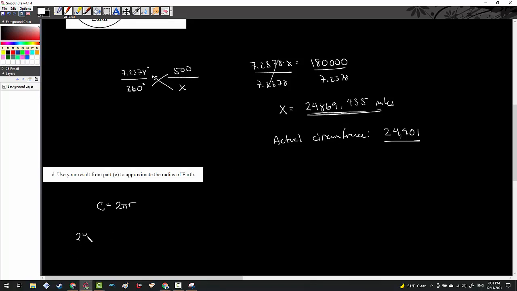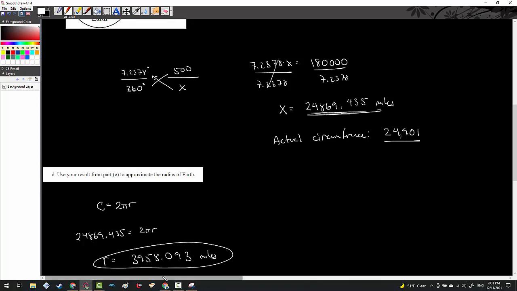So I'm going to do 24869.435 is equal to 2 pi r. So I just have to take this number and divide it by 2 pi. And I'm going to get the radius of Earth is approximately equal to 3958.093 miles.